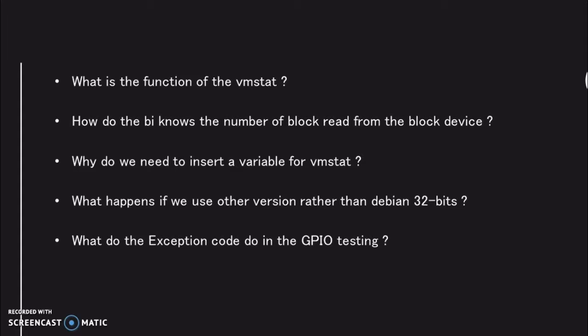And then, why do we need to insert a variable for vmstat in section C? The fourth question is, what happens if we use another version rather than Debian 32 bits? And the last question is, what does the exception code do in the GPIO testing? So that's all the 5 frequently asked questions from us.